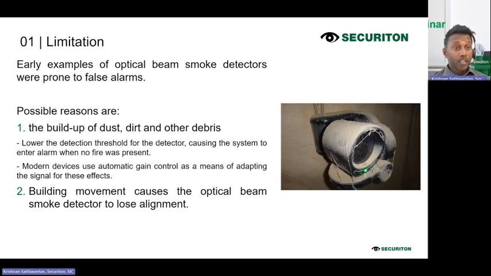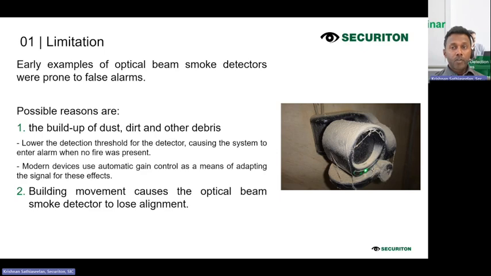Modern devices use automatic gain as a means of adapting the signal to those effects. The second one is building movement, which causes the optical beam detectors to lose alignment. This is the most common issue we hear about with beam detection.